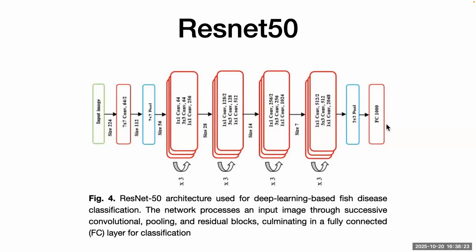Instead of using these 1000 classes, we will just select our number of classes, like 4 or 5, and we will put either binary cross entropy loss for binary predictions, or for multi-class, softmax with cross entropy loss.